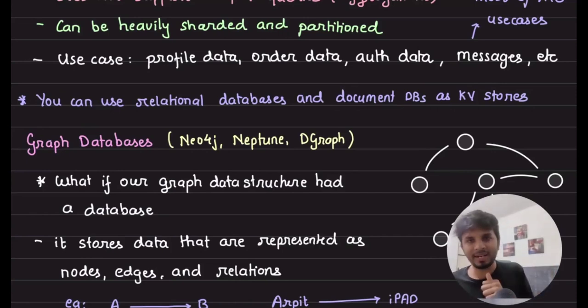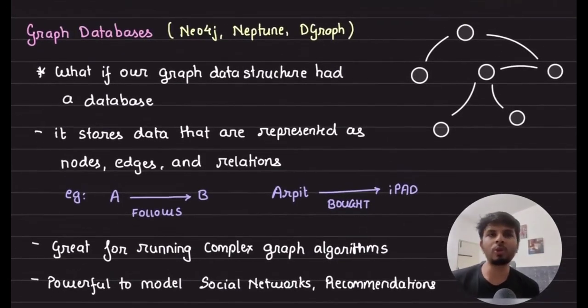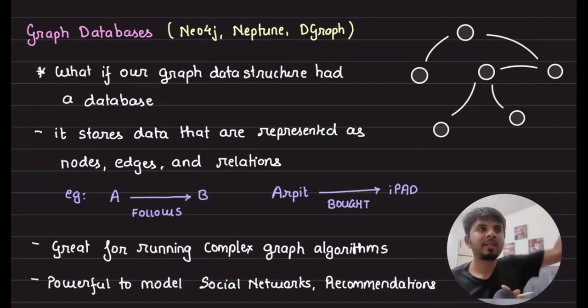Okay. The third kind of database, GraphDB. Now, why I'd like to talk about graph database is graph databases are very fancy things. Whatever you did in your graph data structures, like nodes and edges and vertices and graph algorithms and whatnot, take all of that, bundle it in a database and throw it out.